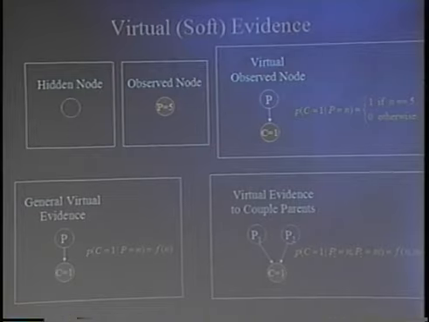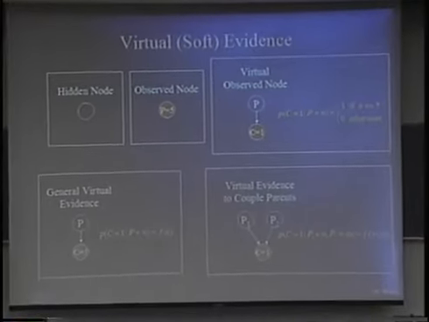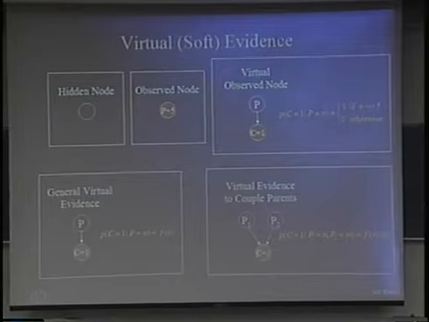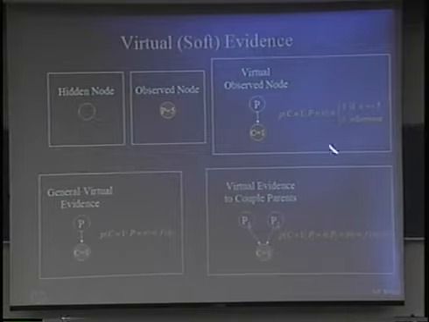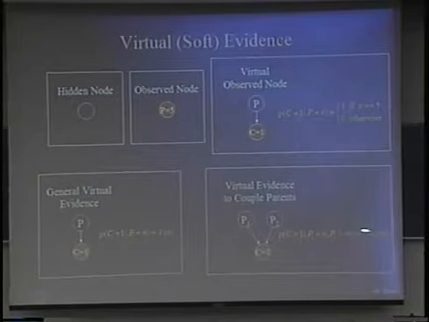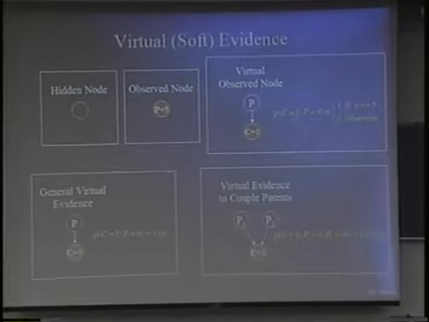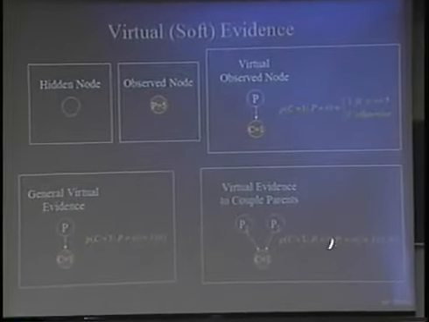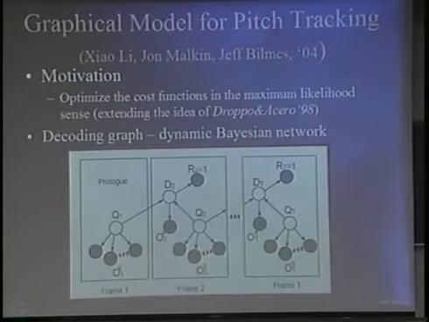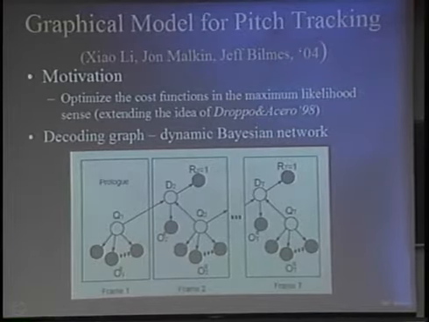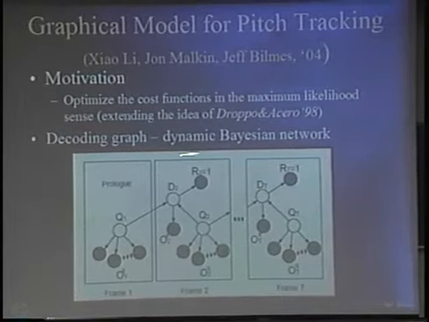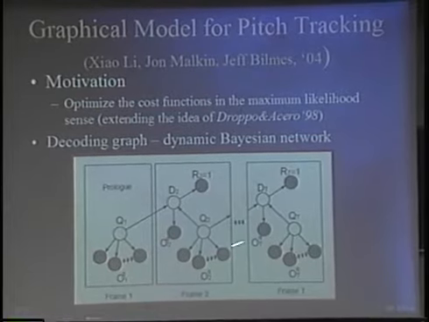Another thing that we've been looking at, and this is much more recent, is the use of virtual evidence in Bayesian networks, and this is something that Judea Pearl came up with. Basically the idea is that you use an observed child to couple together parents in a way that essentially implements something like a constraint function, but it's specified in a Bayesian network. And we've used this to specify a graphical model for pitch extraction.